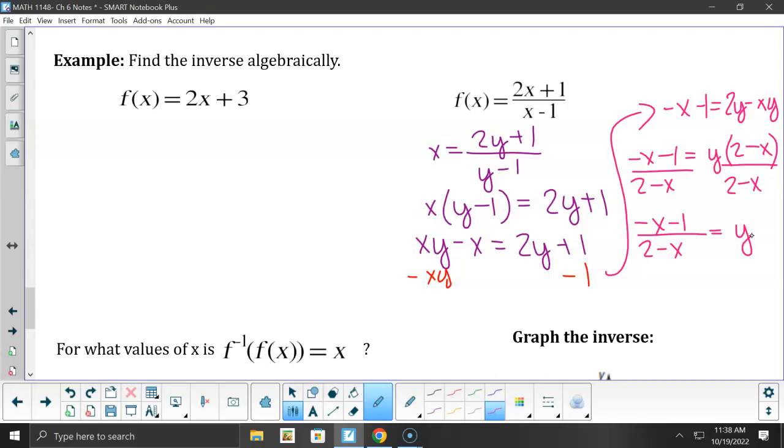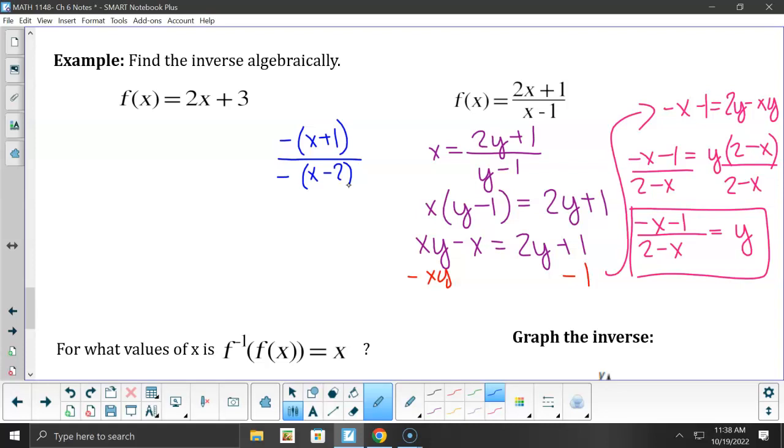So if that happens, and I pull a negative, I've got negative (x plus 1) on top, and on the bottom, you'll get negative (x minus 2). You guys see this? So this is how they flip-flop the order when they see something like 2 minus x, and they're like, that's not in the right format. And then because it's a negative divided by a negative, it ends up being a positive.